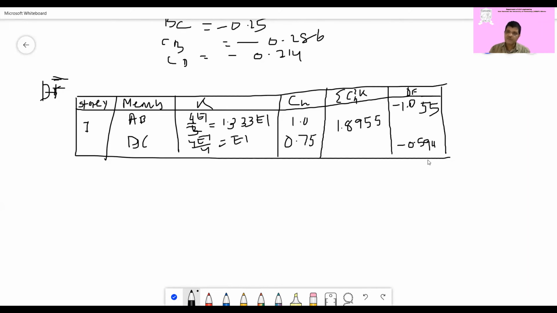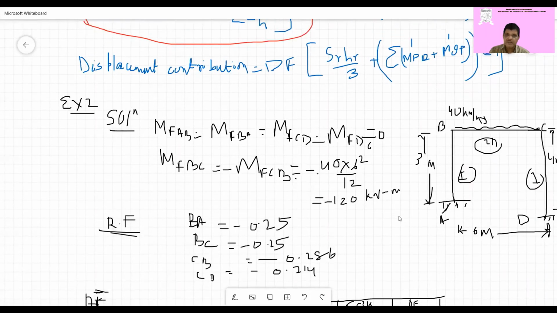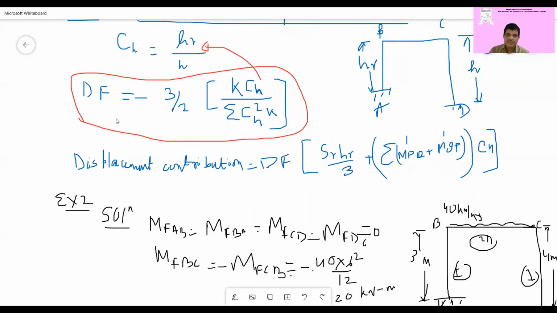Minus 3 by 2 applies only in the case of symmetrical frames. In the case of unsymmetrical frames, we have already seen the formulation: the term involves Ch and Ch square K. That is why the value may not be minus 3 by 2; it will be multiplied by some factor. So it is not always minus 3 by 2.